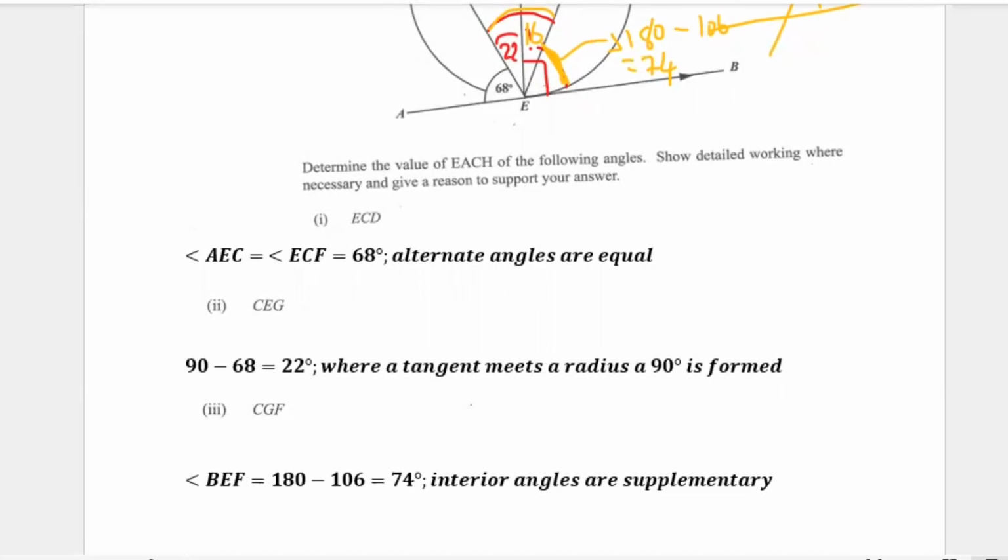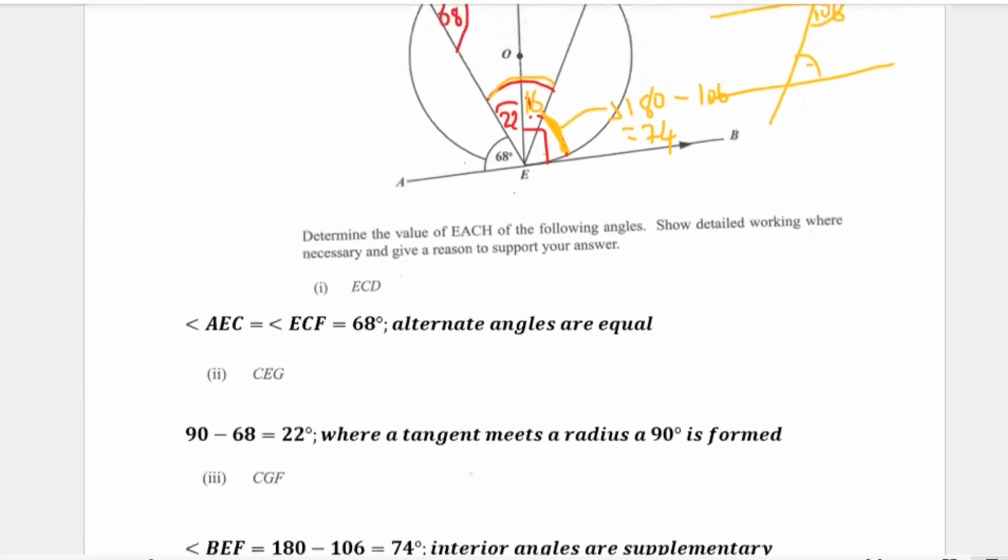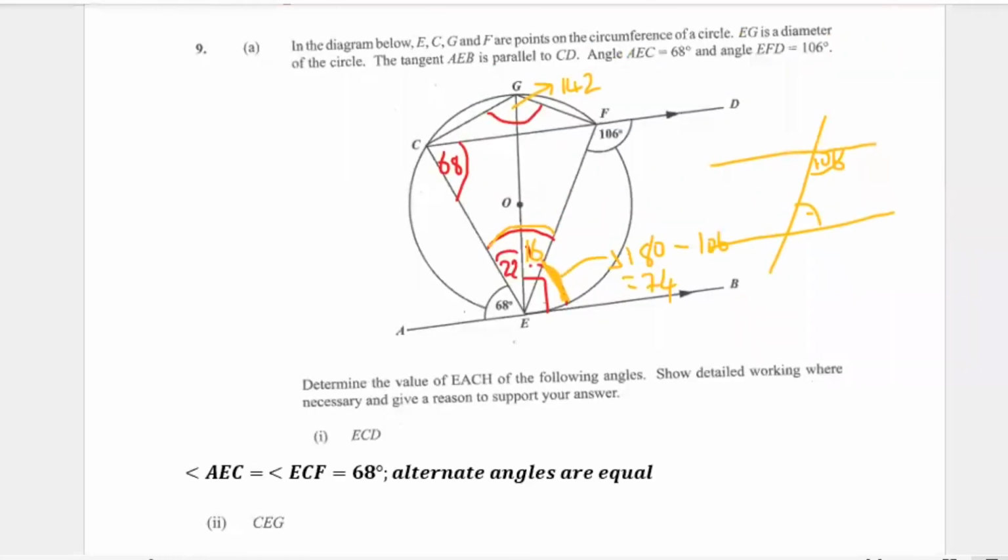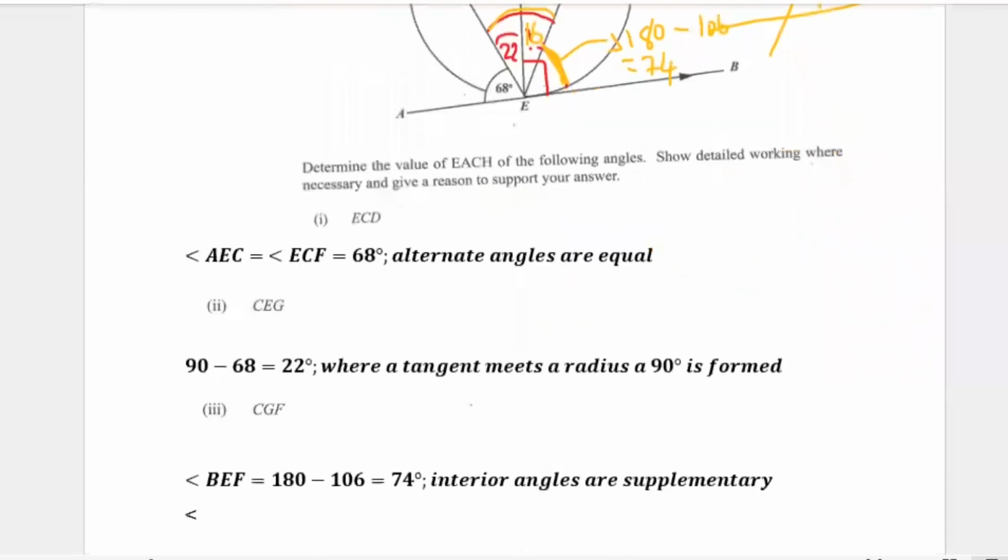After we found that, we then found the 16 degrees. So that would be angle FEG, which we said is 90 minus 74, which we got 16 degrees.